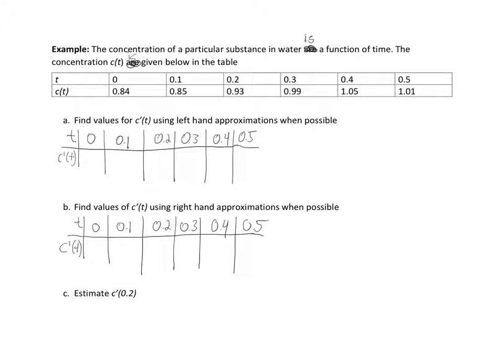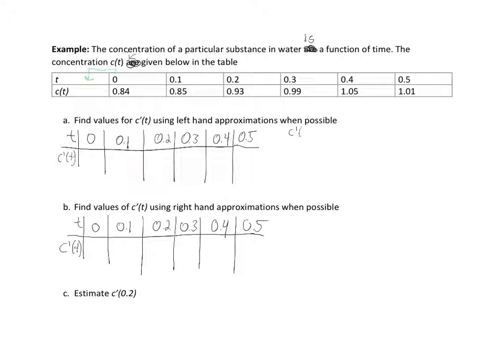In other words, if I want to estimate the derivative at 0, I would like to use the point to the left. But you notice there isn't one. So in this case, to start, we'd actually have to use the point to the right.